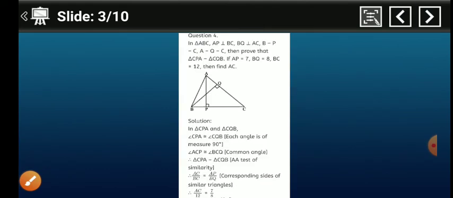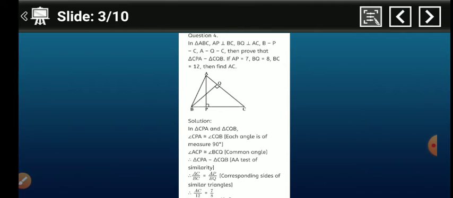Okay, so this is the answer of this question. Then next question, question number 4. In triangle ABC, AP is perpendicular to BC, then BQ is perpendicular to AC, and BPC are collinear and AQC are collinear.